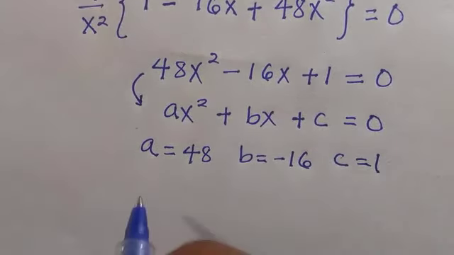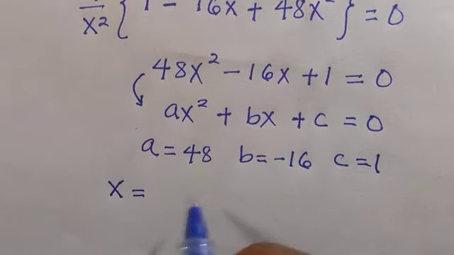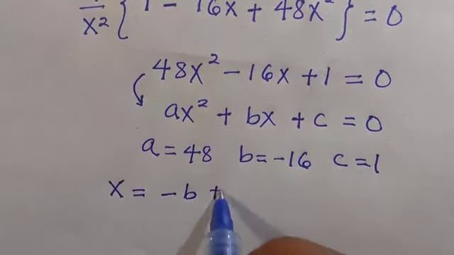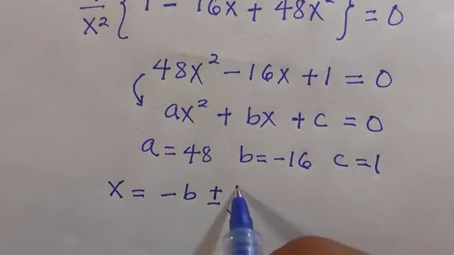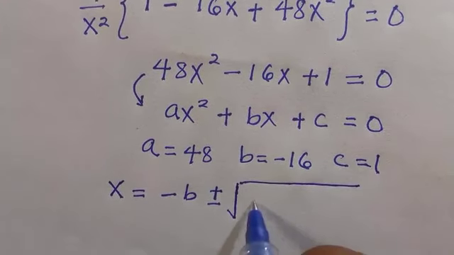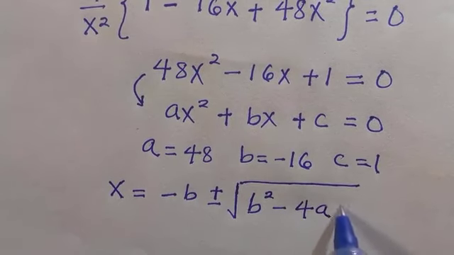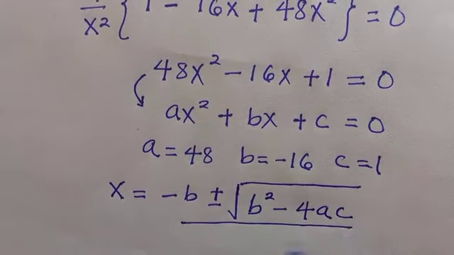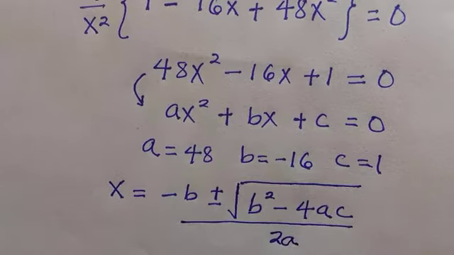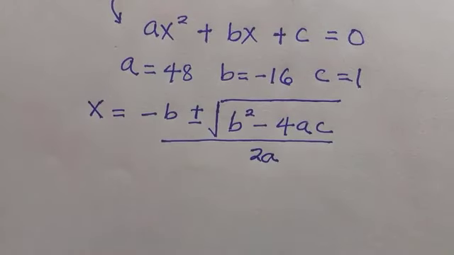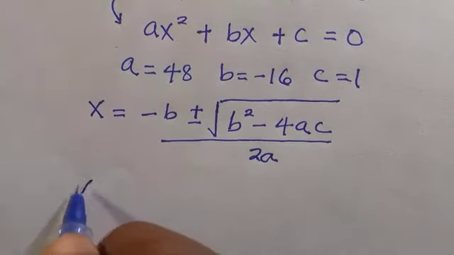So we are going to plug it in the quadratic formula, which is minus b plus or minus the square root of b squared minus 4ac, divided by 2a.